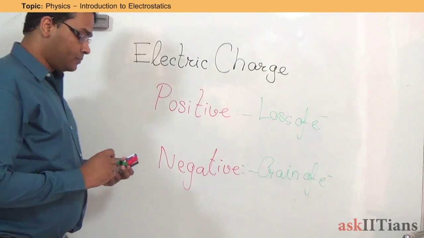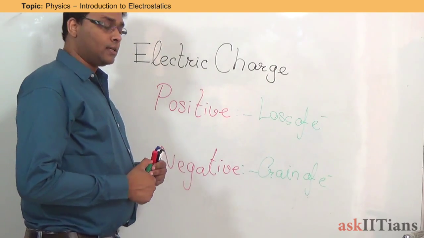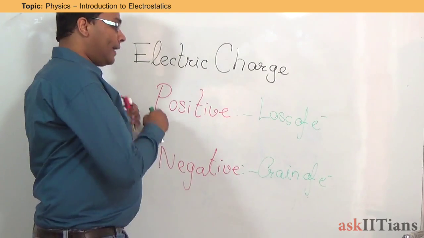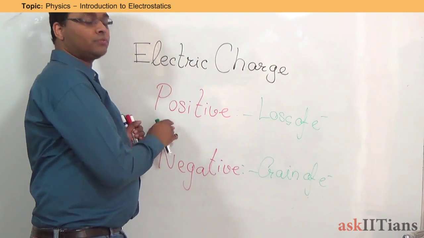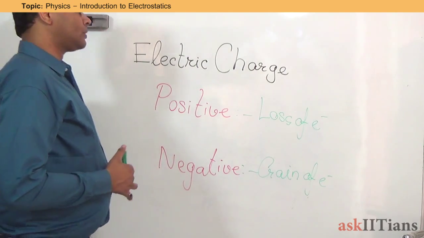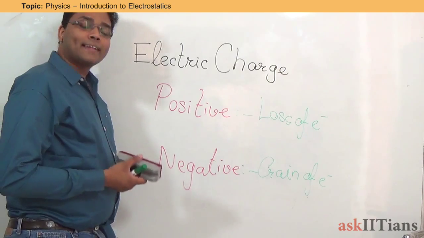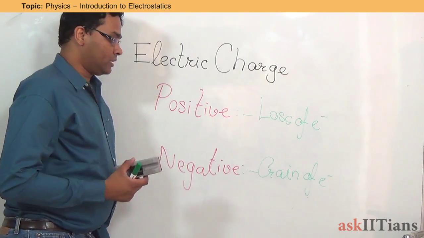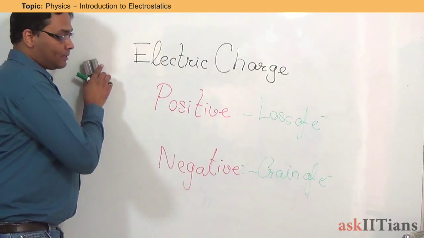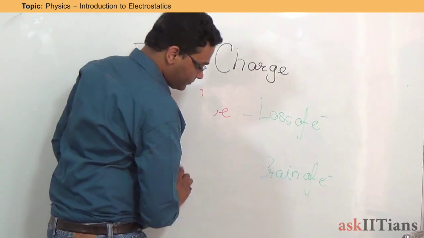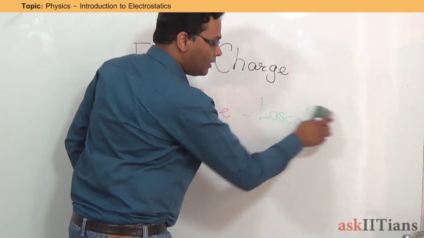If an atom gains electrons, it is going to become negatively charged, and if it loses electrons, we say it's going to be positively charged, right? So that brings us to the conclusion of the notion as to what exactly the charges are.